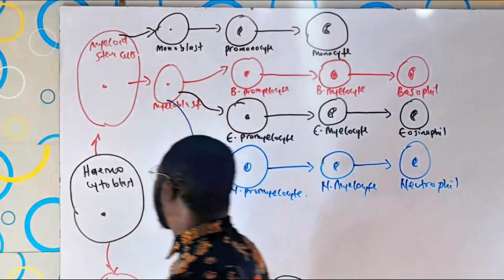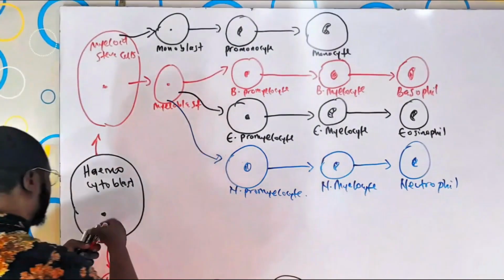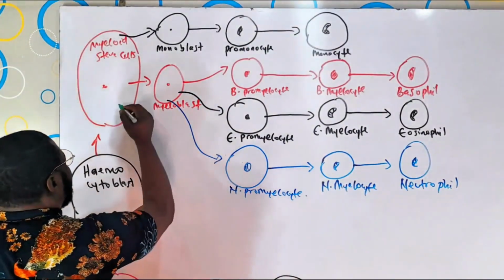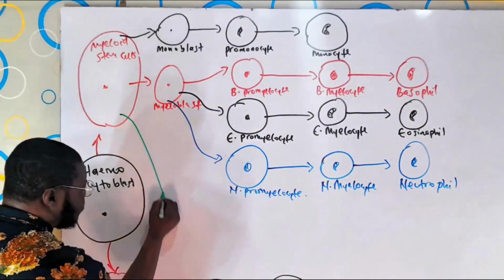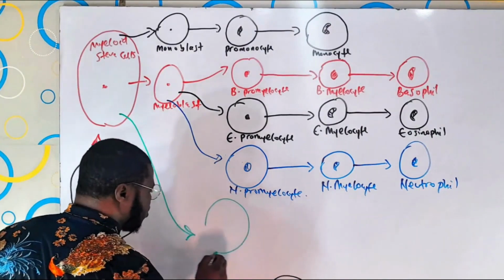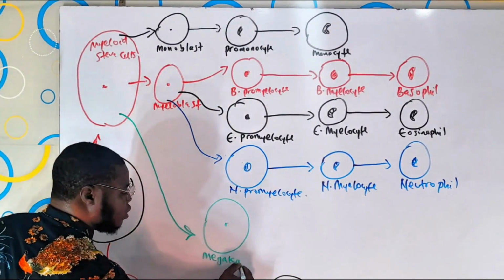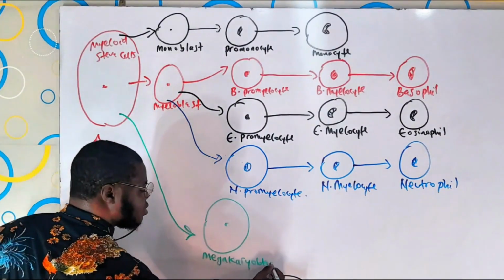We have one more cell to talk about, and that is our platelet. We talked about it initially, remember? The myeloid stem cell can also divide to form the megakaryoblast. That big cell. We call it the megakaryoblast.